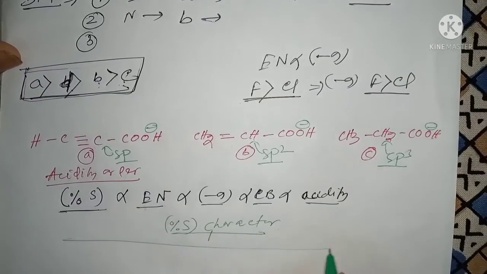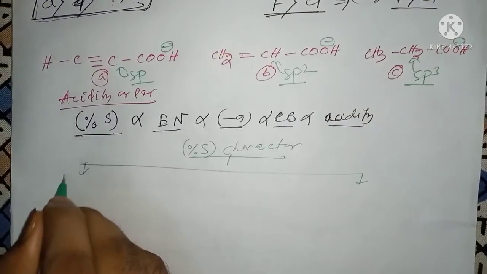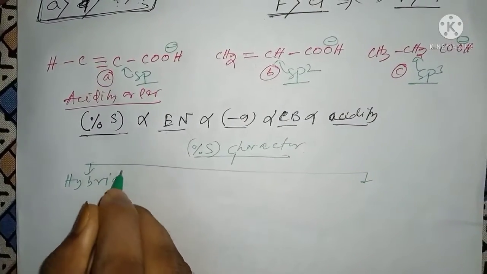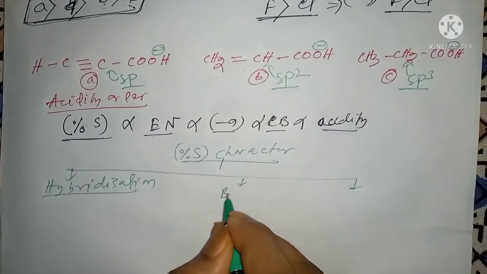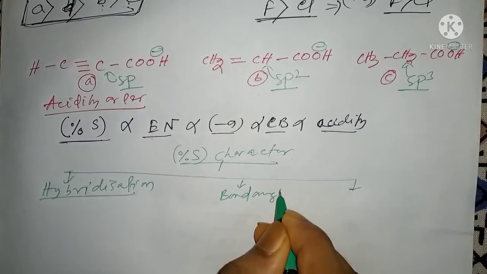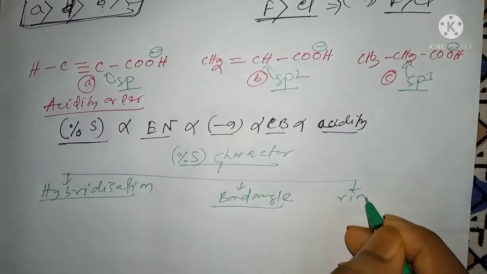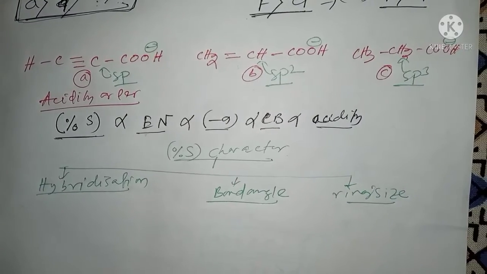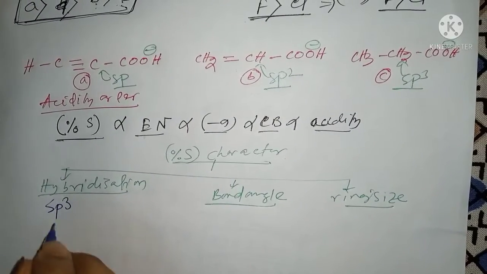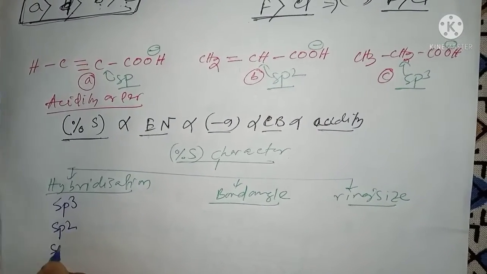Percentage of s character depends on three things: first hybridization, then bond angle, then ring size. Hybridization: this is sp3, sp2, sp.